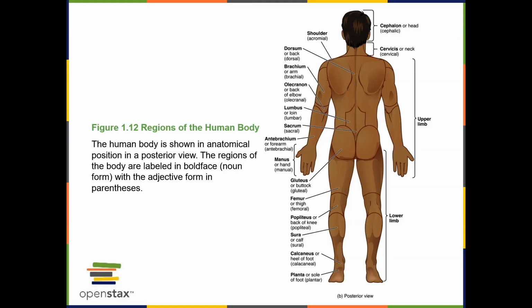Acromial refers to the shoulder region. It comes from the Greek word akron, which means tip or summit. The word dorsal means back. Olecranal is the dorsal side of the elbow joint.